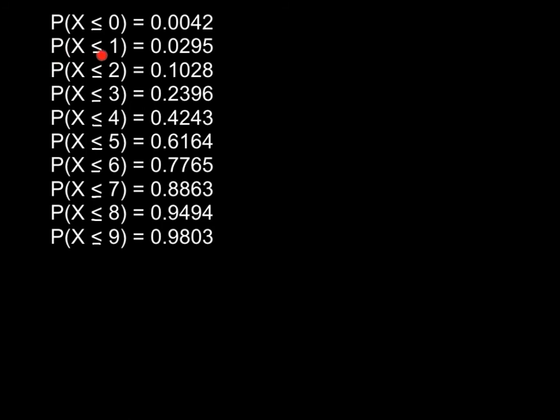The probability that X is less than or equal to 1, you'd get that 2.95% of the time. Again, that's a very low percentage. If you were to get 2 or less, that would be 10% of the time, so we're getting more and more likely. So if alpha equaled 1%, 0.01, then our critical region would be just 0, this one.